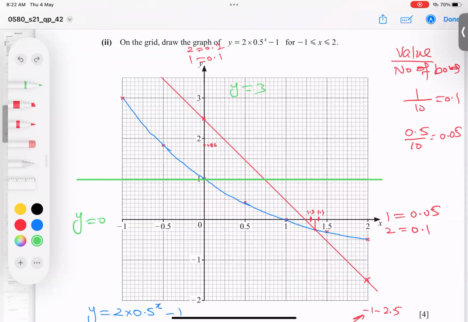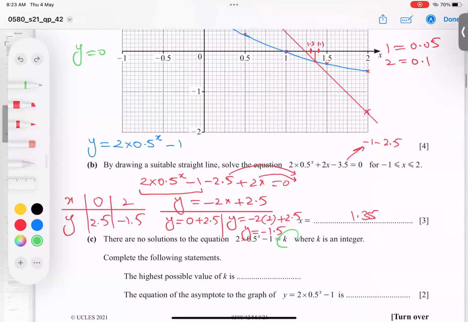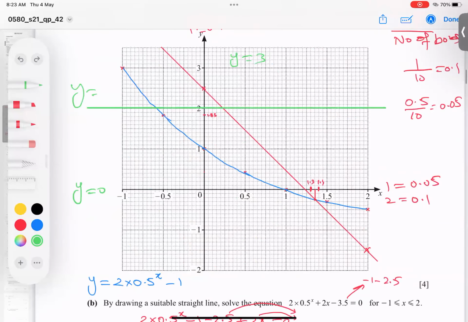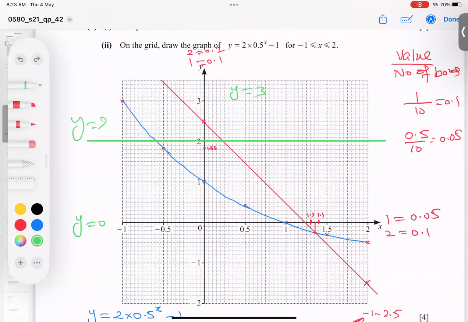If the line goes through 2, so y is equal to 2, it has one solution. And 2 is an integer, and this k value is 2. In case of above, if the line goes to 3, 3 is an integer, y equal to 3, and the k value is 3. And k is again an integer.